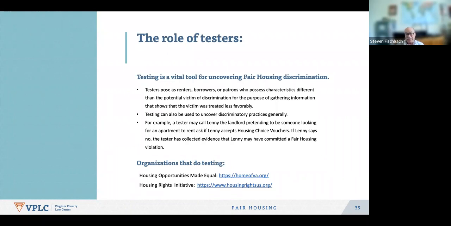So you don't need to necessarily go to a professional testing organization. They can be done really by anybody. But the important thing is to make sure that very good notes are taken, and that the differences in characteristics are well documented.